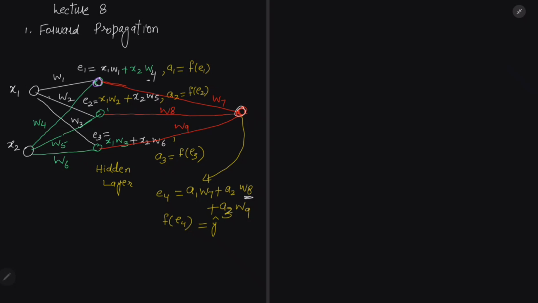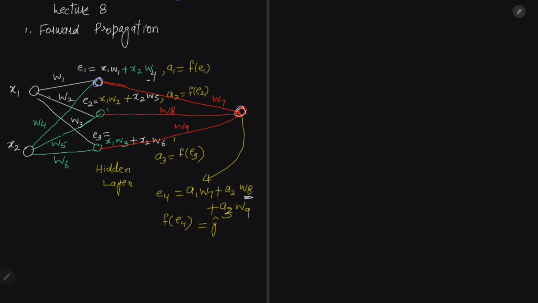For example, we could have 9 hidden layers, then this notation will not work. So what we do, we start from input and reach at hidden layer, okay, from hidden layer to the output.